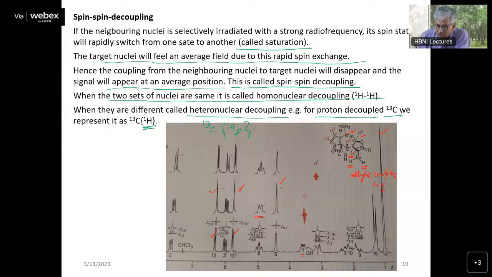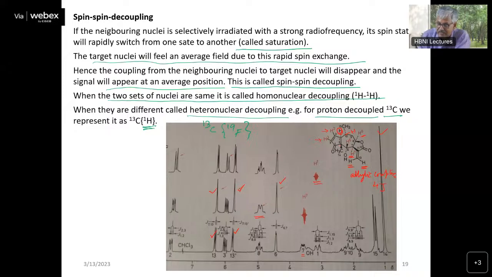Now you see that if you irradiate proton 1, this hydrogen, the coupling of these to this will disappear, and then you will see that these two also change, because there is an allylic coupling.